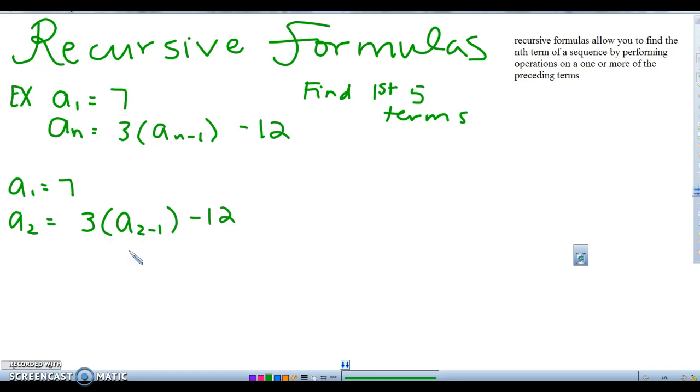And we know 2 minus 1 is 1, so that's really a sub 1. And remember, they told us what a sub 1 was. That was 7. So I'm going to plug that in. So 3 times 7 is 21. Minus 12 gives us 9.